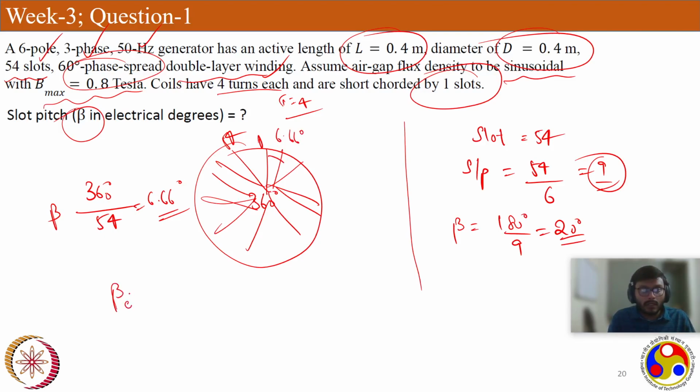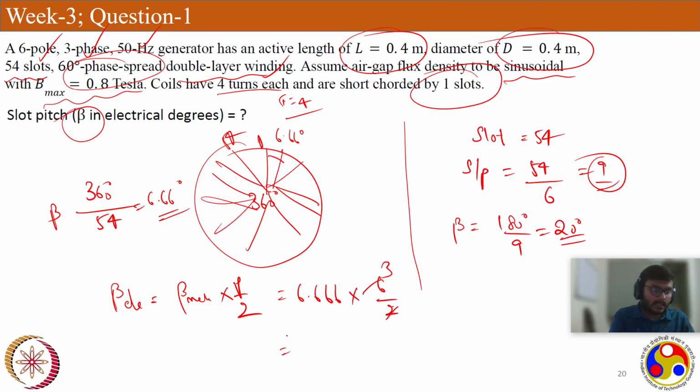Now the question is beta in electrical degrees. Beta electrical will be mechanical into pole pairs. Now 6.666 multiplied by the number of pole pairs, 3, for a 6 pole machine. If you multiply 6.66 by 3, you will get 20 degrees. So there are two ways to calculate beta. In both ways you should get the same answer. So yeah, this is very easy.